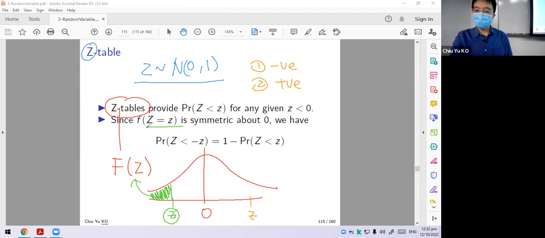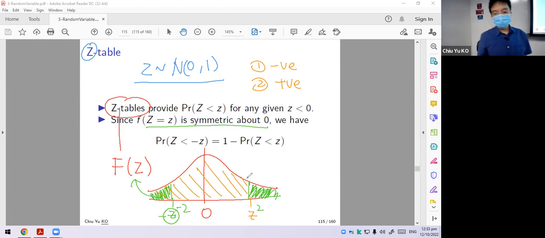because this is symmetric. If I have the negative version, I can also have the positive version as well, because you flip it and it's the same. So suppose it's -2, look at the 2, you can calculate this value, the same area, and 1 minus this area will be this area, right?